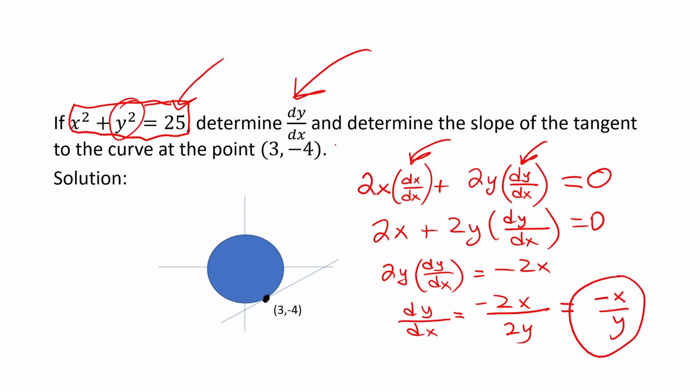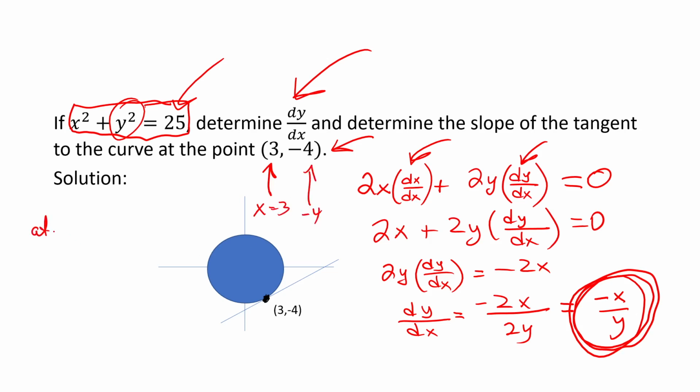Now they say, what's the slope of the tangent to the curve at the point 3, negative 4? The slope of the tangent to a curve is simply the value of dy over dx at that point. So since we're talking about the point 3, negative 4, that means x is 3 and y is negative 4.